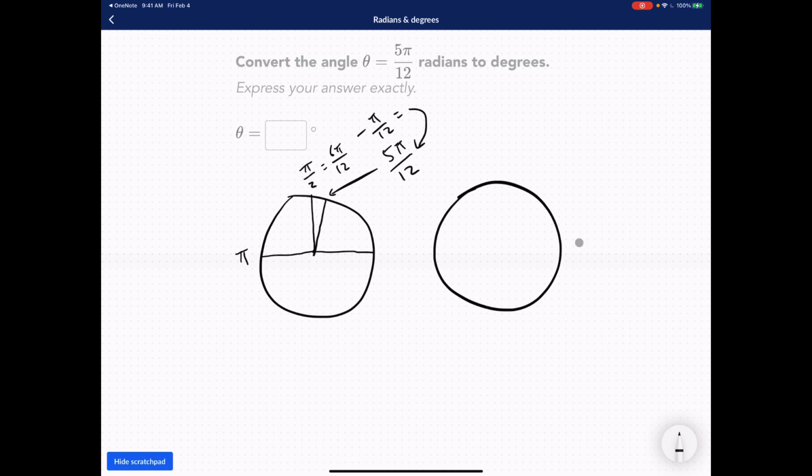Because I know that pi over 2 right there is 90 degrees, I just have to find out what pi over 12 is in degrees, and then I can subtract it from 90 and find the answer. So let's take a look. I've got pi over 12. How would I find the degrees for that?